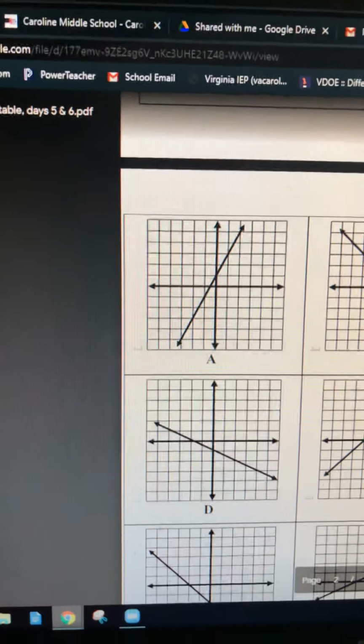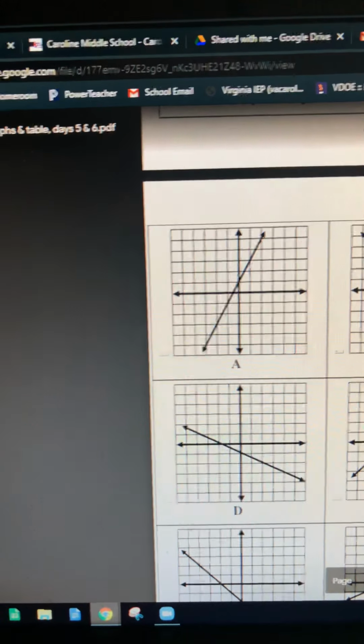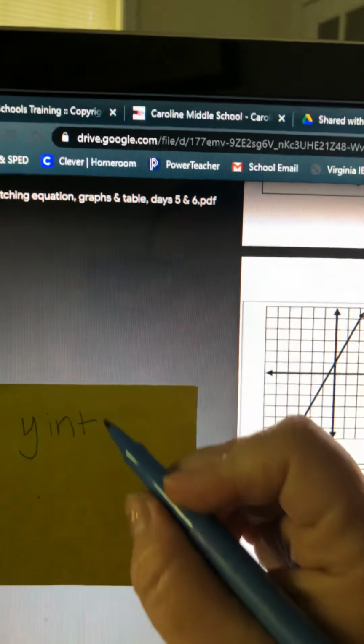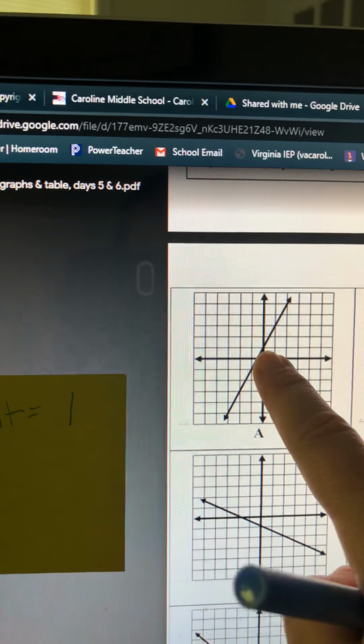Sorry, I'm getting all crazy over here, trying to find my sticky pad. I guess you can't see that, can you? My y-intercept is +1, right? Because it crosses at 1.